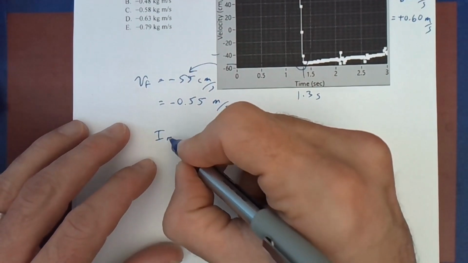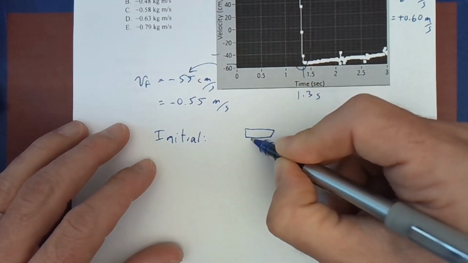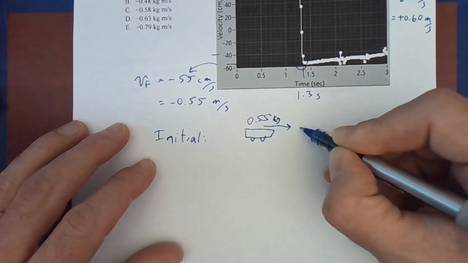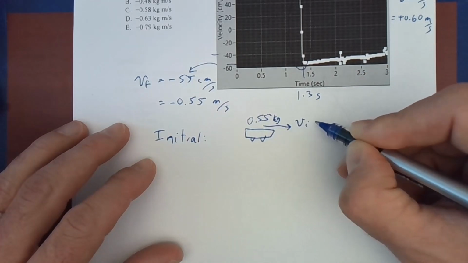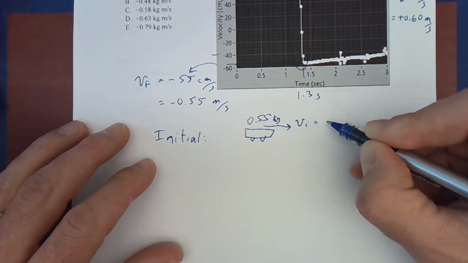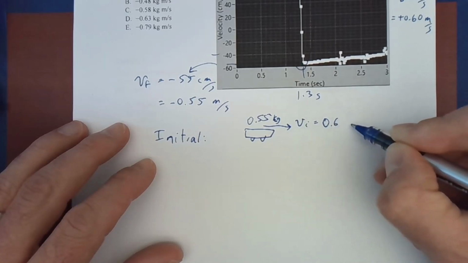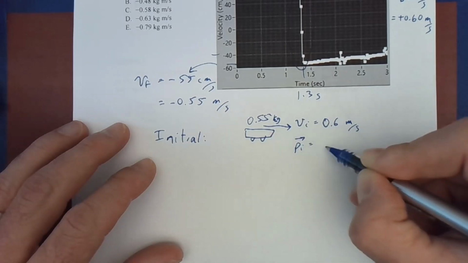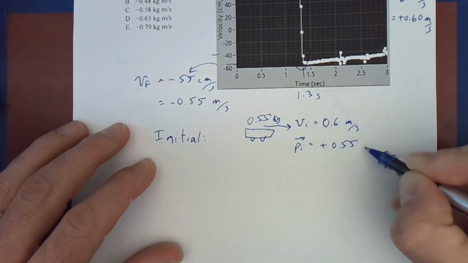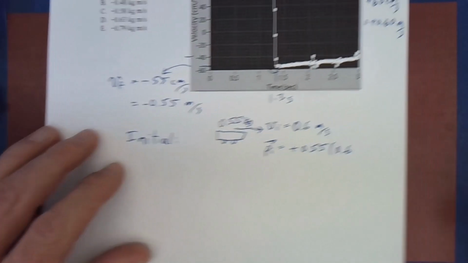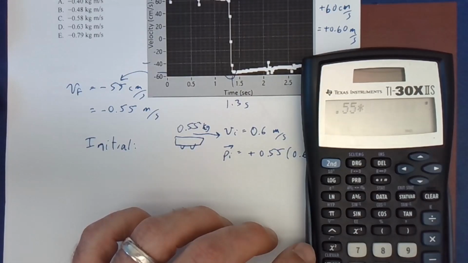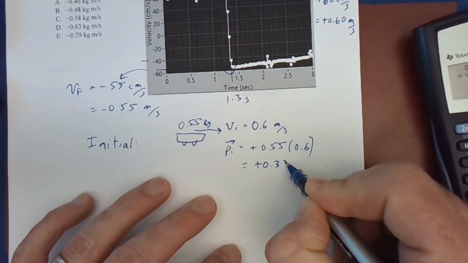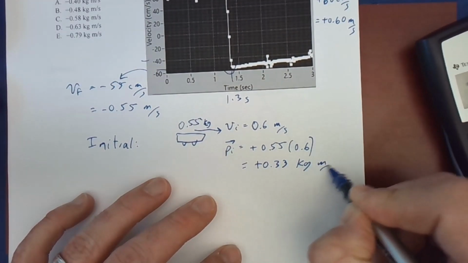Just to sketch this out a little, you've got a cart which is 0.55 kilograms, and it's going to the right, and V initial is equal to 0.6 meters per second. So the P initial there is going to be plus 0.55 times 0.6. It's going to be plus 0.33 kilograms meters per second.